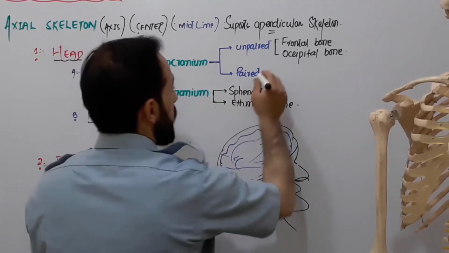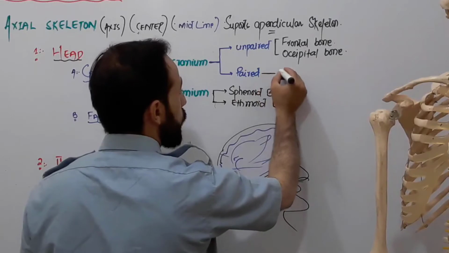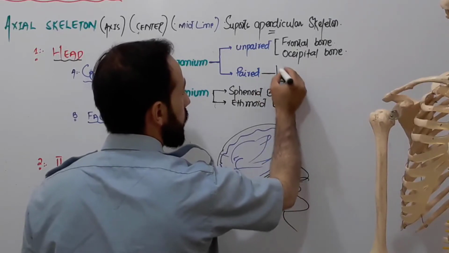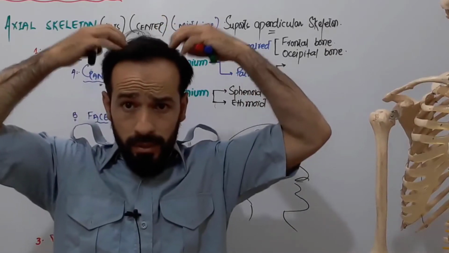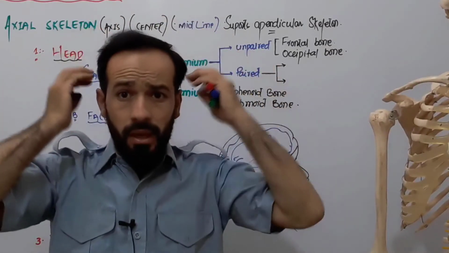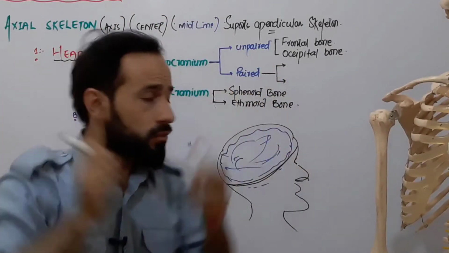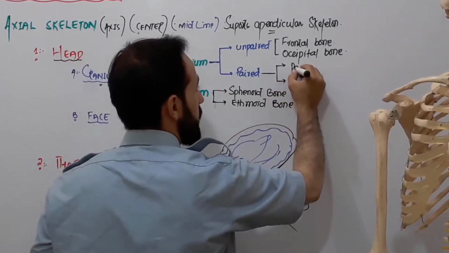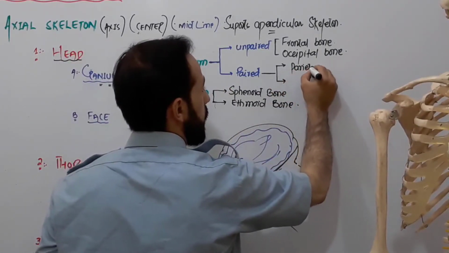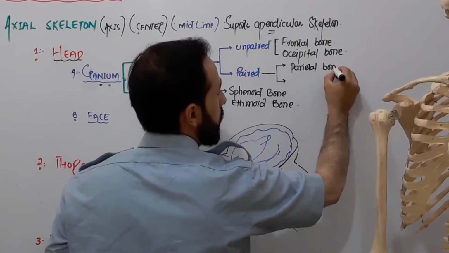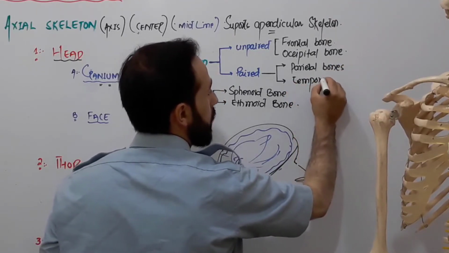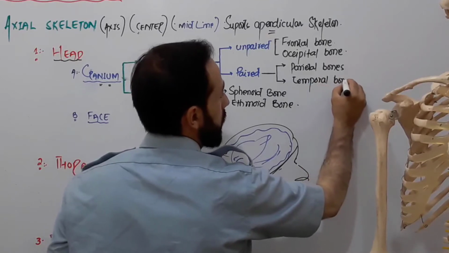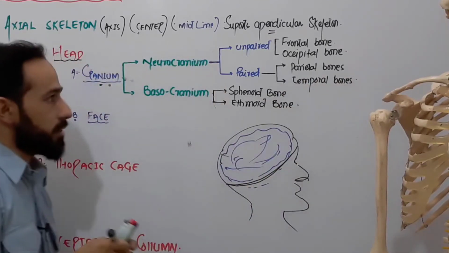And then there are the paired bones. What are those? Those are the two parietal bones and the two temporal bones. So let me write here the parietal bones, and temporal bones.